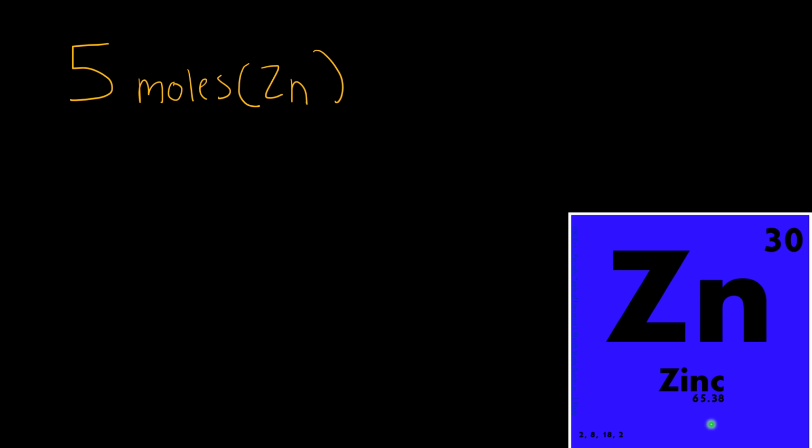So now all we have to do is write an equation that represents that. So I'm going to say that 65.38 grams of zinc is going to be equal to 1 mole.